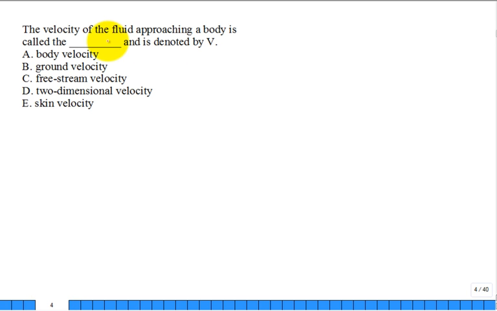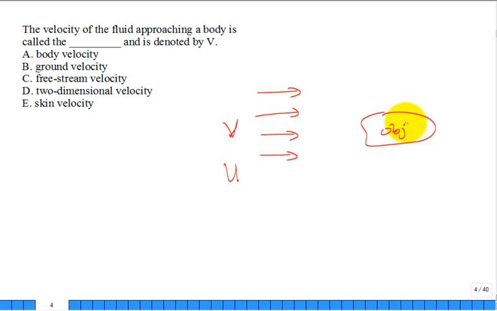The velocity of the fluid approaching a body is denoted by the symbol V or U. Here's my object, maybe it was my automobile. What do you call that? They talk about a free stream velocity.